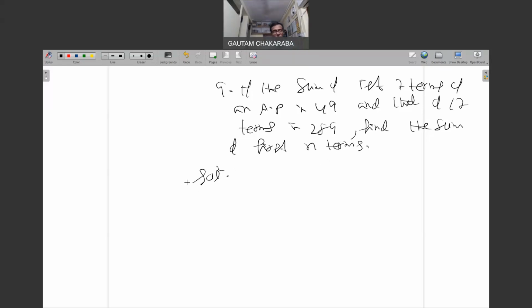The sum of the first 7 terms of an AP is 49.